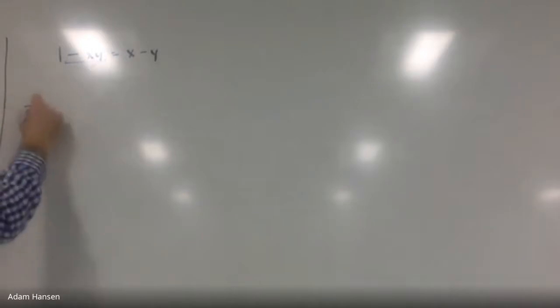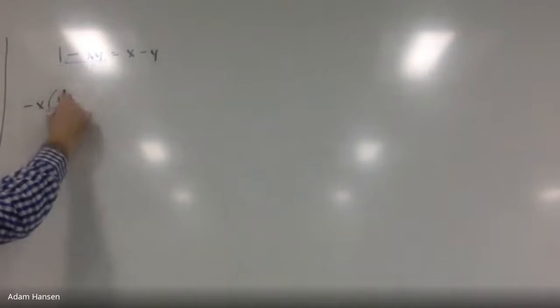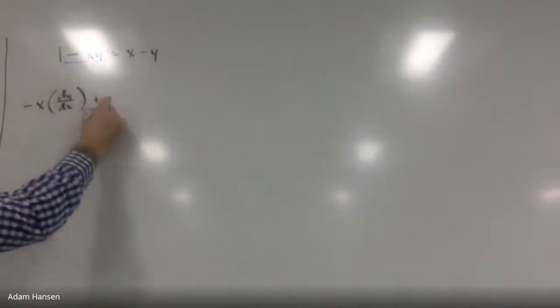So the first, negative x, times the derivative of the second, dy dx, plus the second, y, times the derivative of the first, negative x, which is -1. So there's the product rule form of the derivative of negative xy: negative x dy dx minus y.